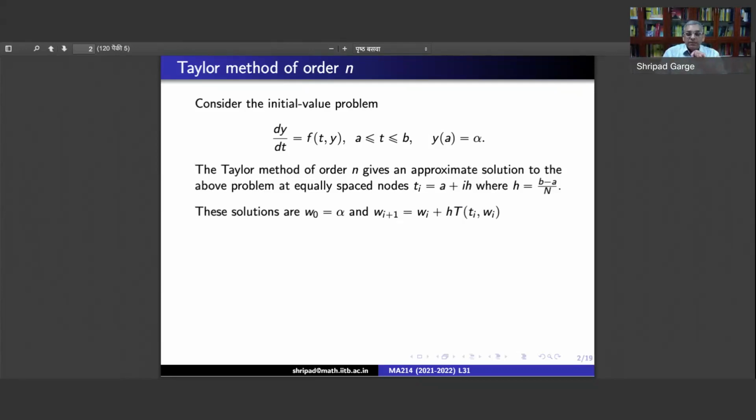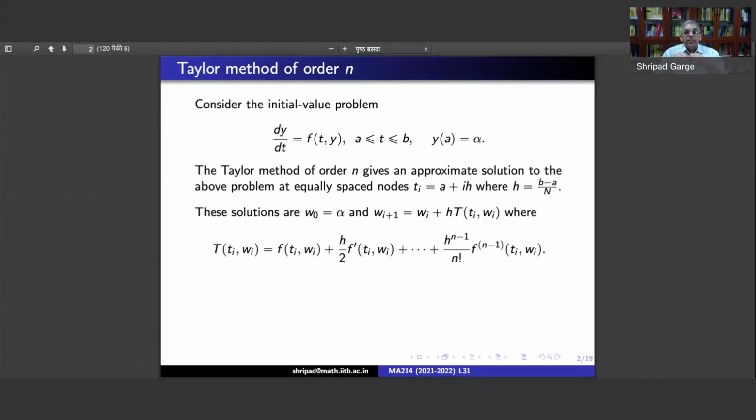And w_{i+1} is w_i plus h times a function depending on t_i and w_i, where that function capital T of t_i comma w_i is given to be f(t_i, w_i) plus h by 2 f prime(t_i, w_i) plus dot dot dot h power n minus 1 upon n factorial, the n minus 1th derivative of the function f(t_i, w_i). So this is the description of the approximations that we are going to get from using the Taylor method of order n.